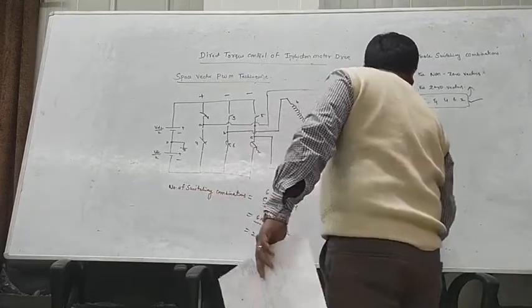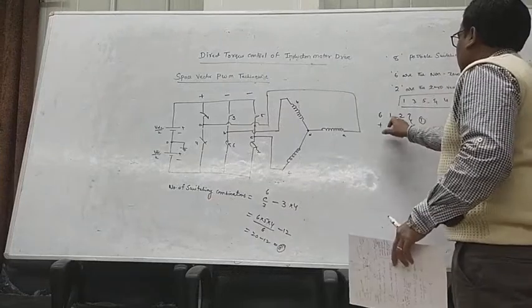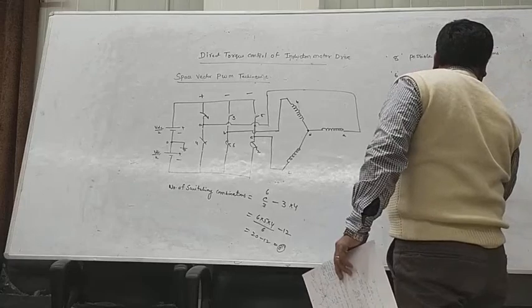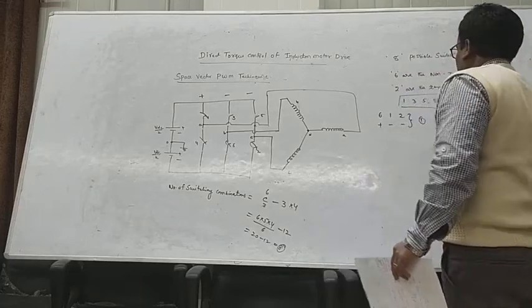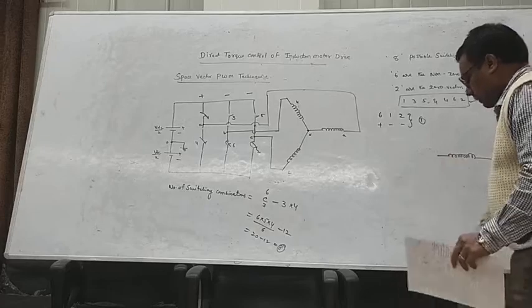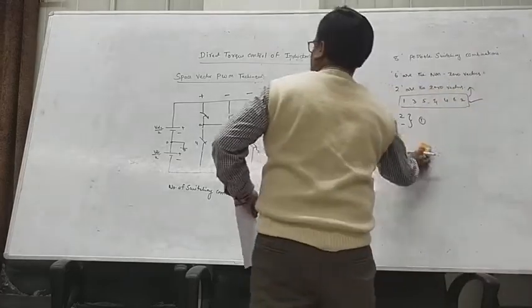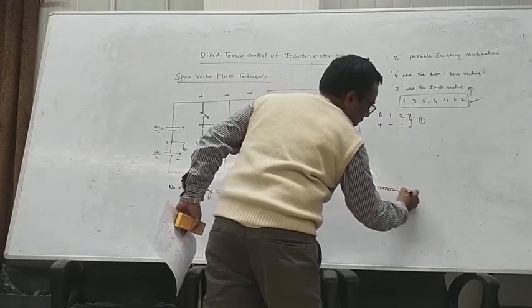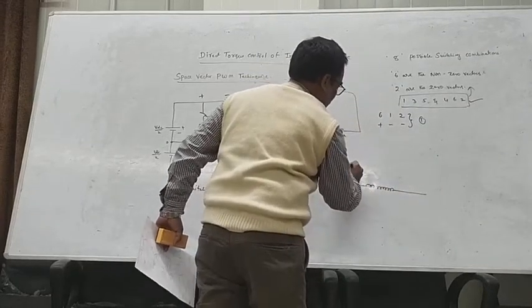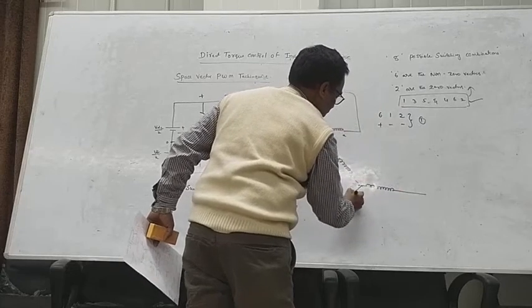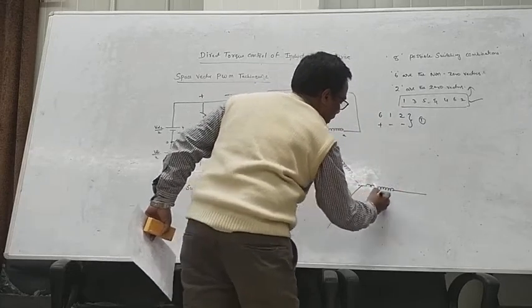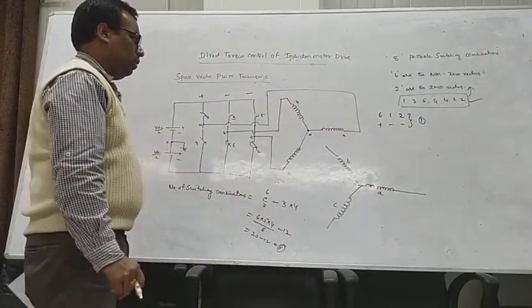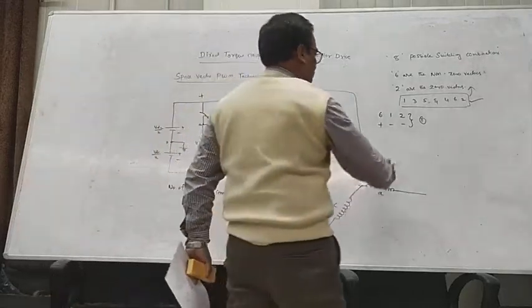So here 6, 1, 2 means, let us see the 3-phase induction motor: phase A, phase B, and phase C. So 1 and 2.